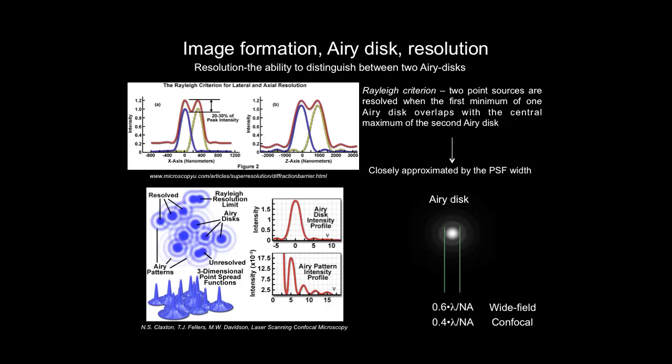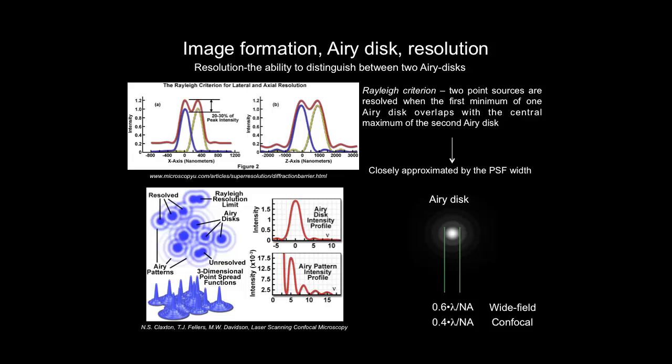Next. I just wanted to say that this definition of the resolution criterion is closely approximated by the point spread function width. So when we measure the resolution of our microscopes, we don't hunt for the central maximum and the first minima.